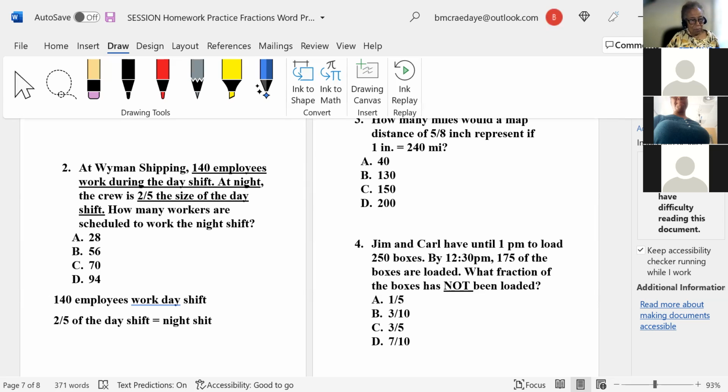So how would you solve it, Mercedes? What I do is turn the 2/5 into a decimal, and then use the answer I got to divide the 140 employees to get the number.